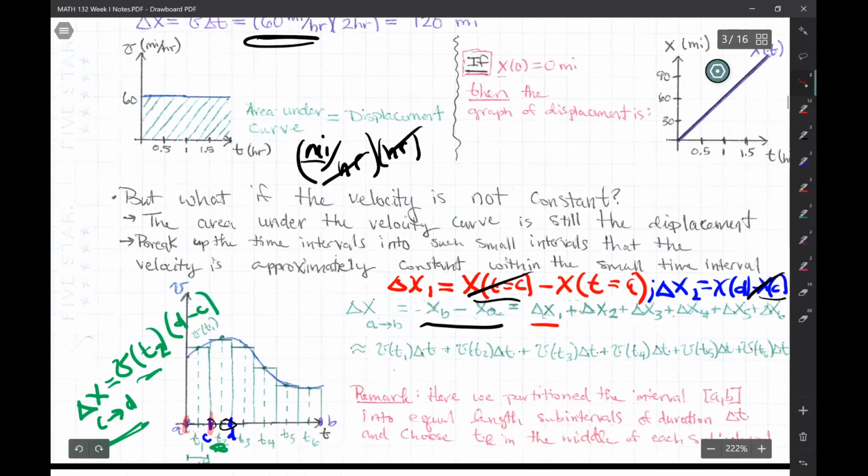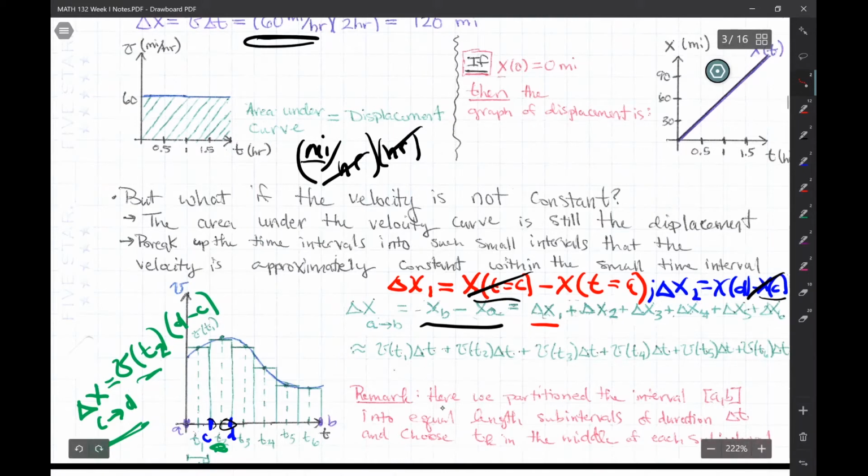Delta t is the length of each of these subintervals, that small time duration. And so this is an equality, and then each of these is approximated by these. It's an approximation because we're picking out a specific velocity. And indeed, this will give us an approximation for the total displacement at the end.